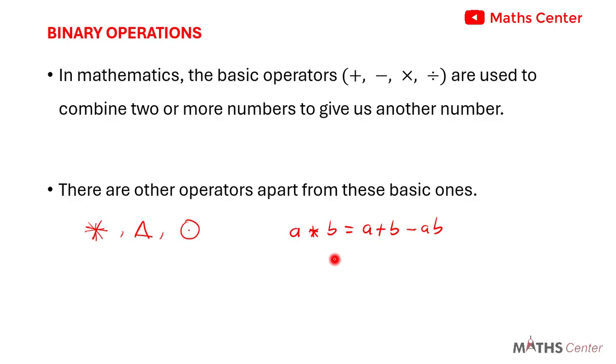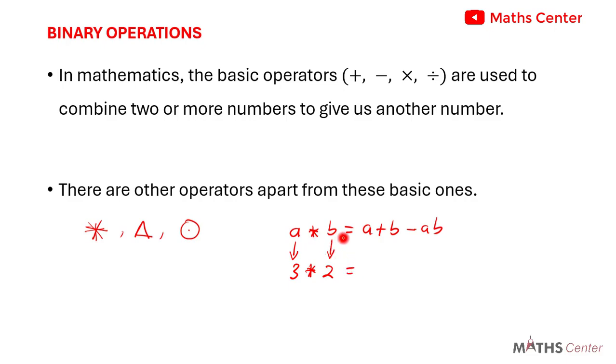So using this definition, we can find the value of 3 star 2. When we compare A star B to 3 star 2, we can see that A is equal to 3 and B is equal to 2.